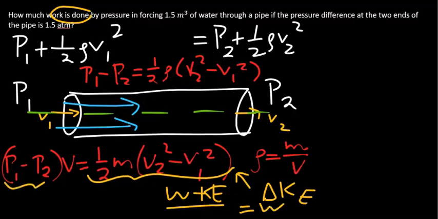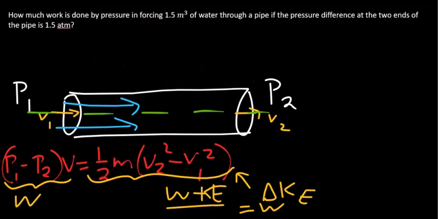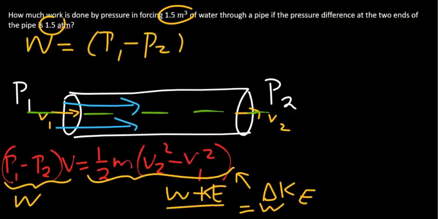So that means the left hand side has got to be the work that we are looking for. What that means is the work done by pressure in forcing that much volume of water through that pipe with that much pressure difference is the pressure difference P1 minus P2 times the volume. The pressure difference is 1.5 atm.